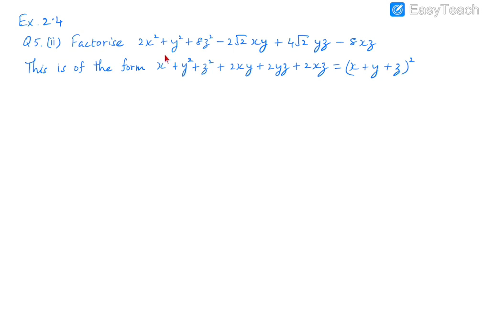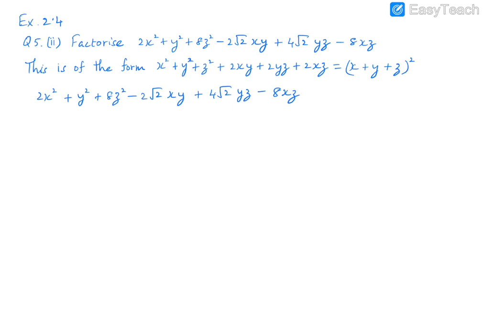So we need it in the form of something the whole squared. So since we have 2x squared, let me first write down the entire expression. So we have 2x squared plus y squared plus 8z squared minus 2 root 2 xy plus 4 root 2 yz minus 8xz.